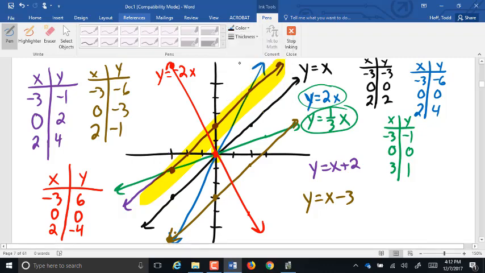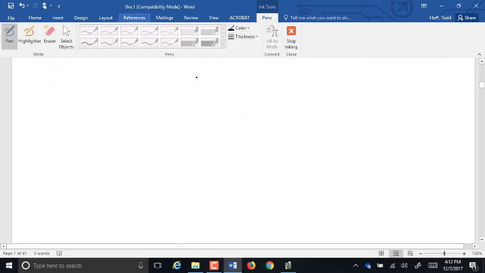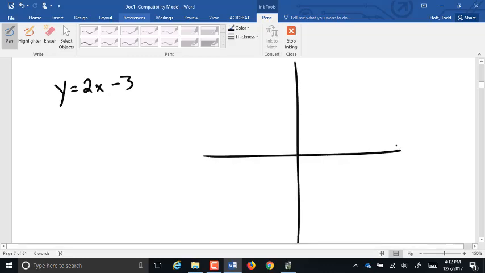So there's only 2 things that can happen to these equations. So let's take a look at something like this. Y equals 2x minus 3. All graphs start at the origin. This number right here that is added or subtracted to the variable moves us up or down from the origin.